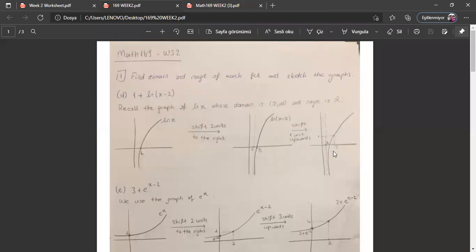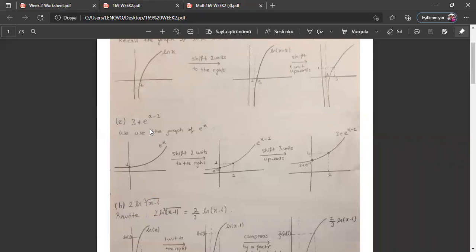So as you see, we shifted this graph upward 1 unit. So at the point 3, we get 1. Again, the domain of this function is still the same as this one. The domain contains the points where x's are greater than 2.